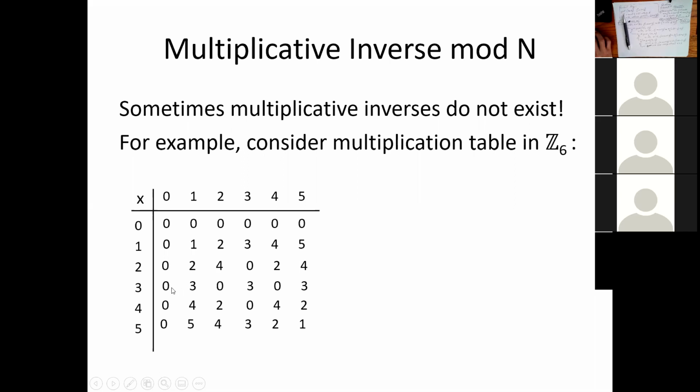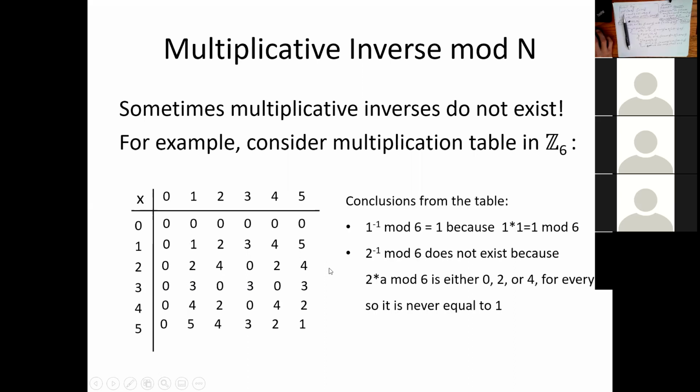So you can either have even multiples of 3, which are basically multiples of 6, therefore mod 6 is a 0, or an odd multiple of 3, which mod 6 is just going to be 3. In particular, there is no 1. So mod 6, a lot of integers don't have multiplicative inverses. Only 1 and 5 do.